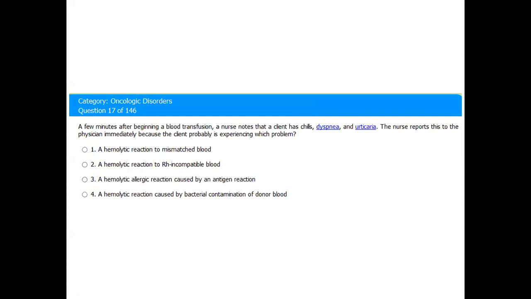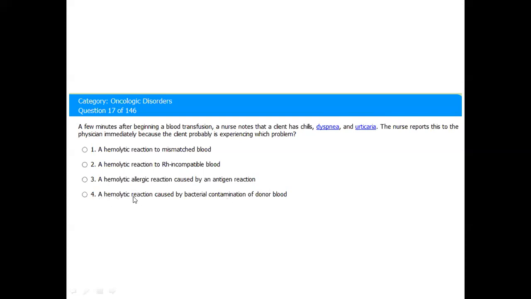Number 2, hemolytic reaction to RH incompatibilities. Nothing talks about a hemolytic reaction. Number 3, allergic reaction, because this patient has shortness of breath and urticaria. This supports that it is allergic, and the patient also develops rash, hives, or facial flushing.